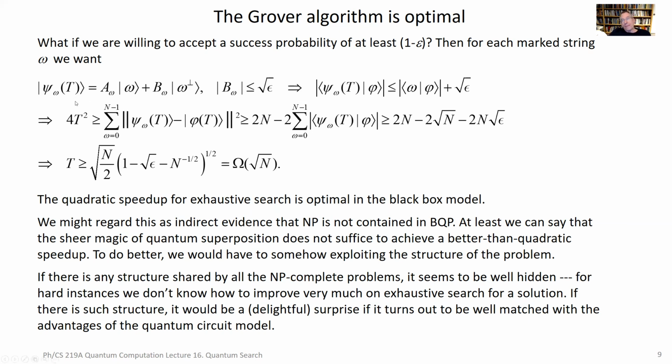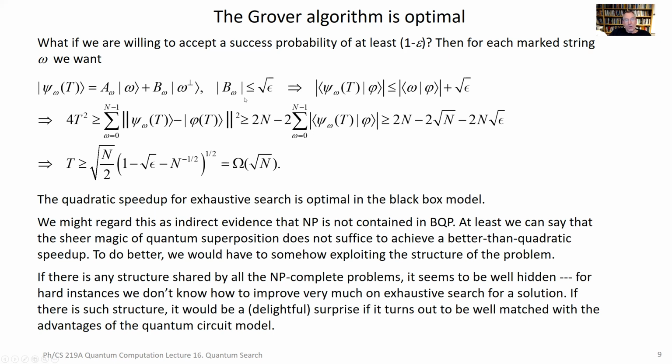So it would be all right if, after we've rotated the basis to line up the vectors as best we can with the computational basis elements corresponding to marked states, in the case where omega is the actual marked string, when we're done with all our queries, we have omega times some coefficient a sub omega and something orthogonal to omega with coefficient b sub omega, such that when we measure, the orthogonal case occurs with probability no larger than epsilon, which means that the amplitude for the orthogonal piece shouldn't be larger than the square root of epsilon.